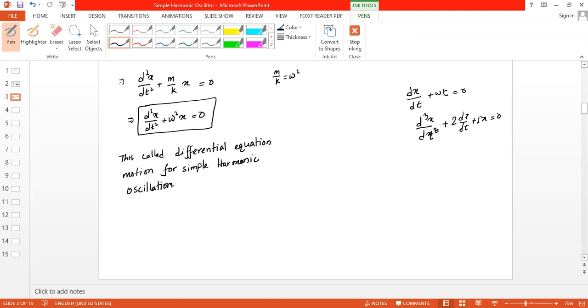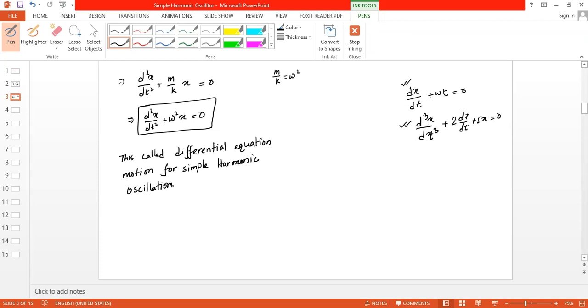This is again a differential equation. Simplistically, an equation that has differentiation is a differential equation, and every differential equation has an order. The highest power of differentiation is called the order of the equation. For example, the order of this equation is 1, the order for this equation is 3, and for this one it is 2. This is a second order differential equation.